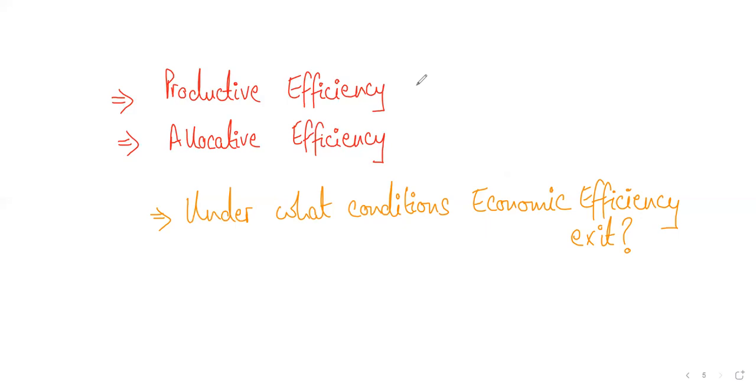So coming back to the point that we were discussing over here, right? Under what conditions does economic efficiency exist? And now this brings us to the next topic of our discussion, which is perfect competition. Now I'll give you some overview of this, but before this, let me tell you what happens when economic efficiency doesn't exist.